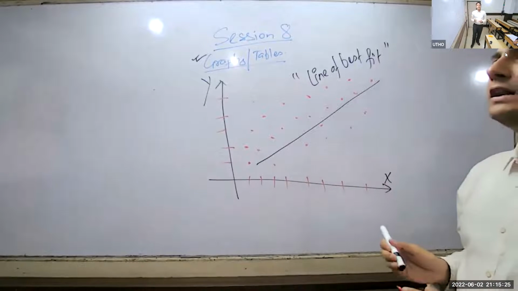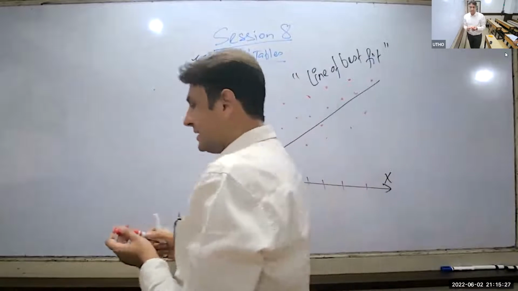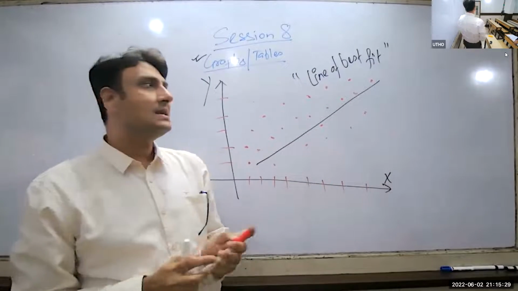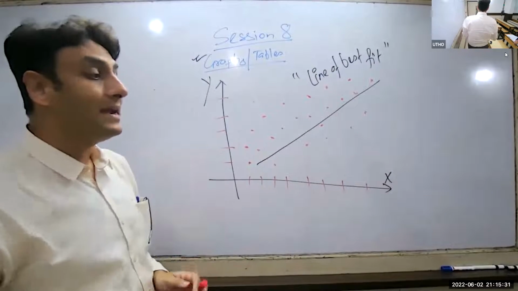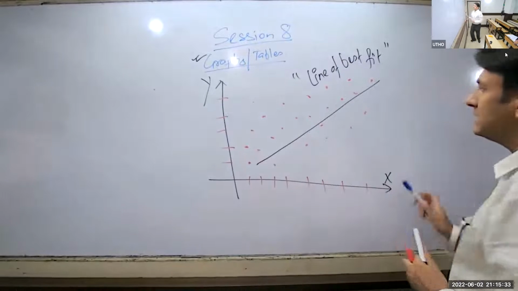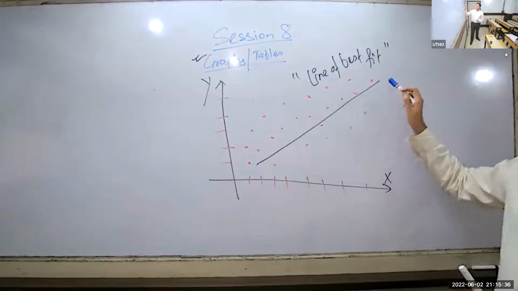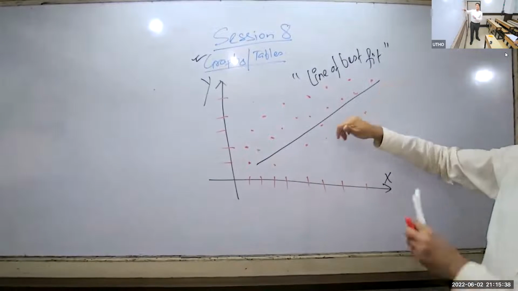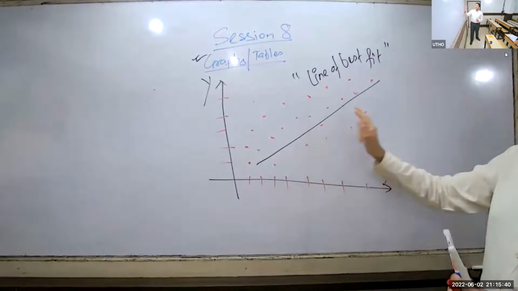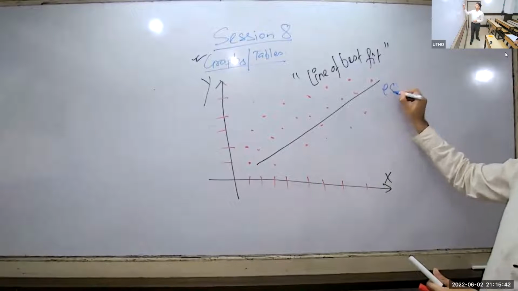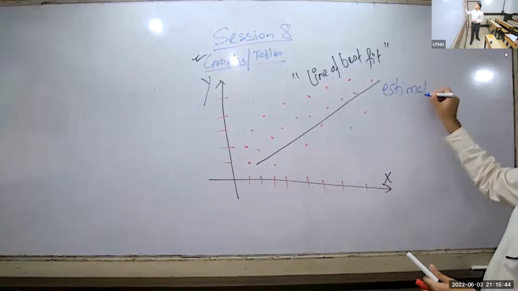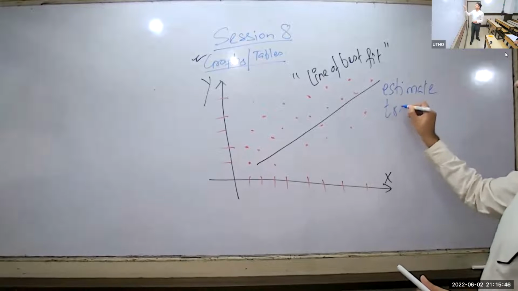Now guys, line of best fit means a line that is the best estimate of a given data set. ये सब रेड पॉइंट्स मेरे डेटा सेट में हैं. कुछ पॉइंट कभी लाइन पे हैं और कभी लाइन पे नहीं भी हैं. But this line is called as an estimate line. इसको estimate line बोलते हैं. इसको trend line बोलते हैं.